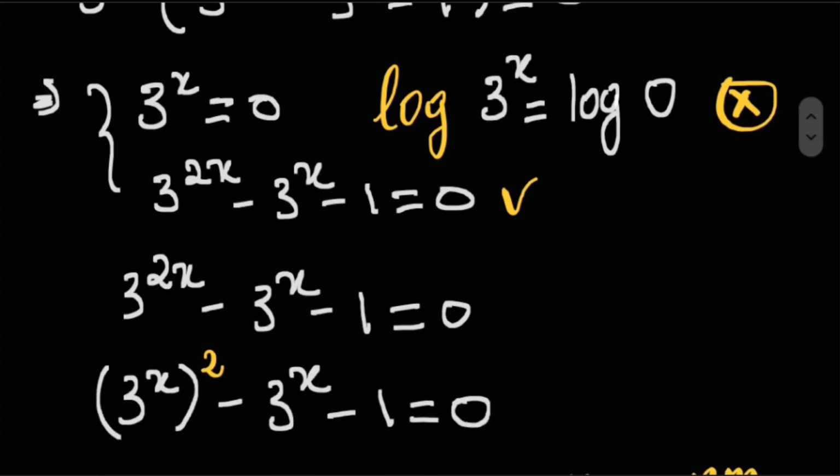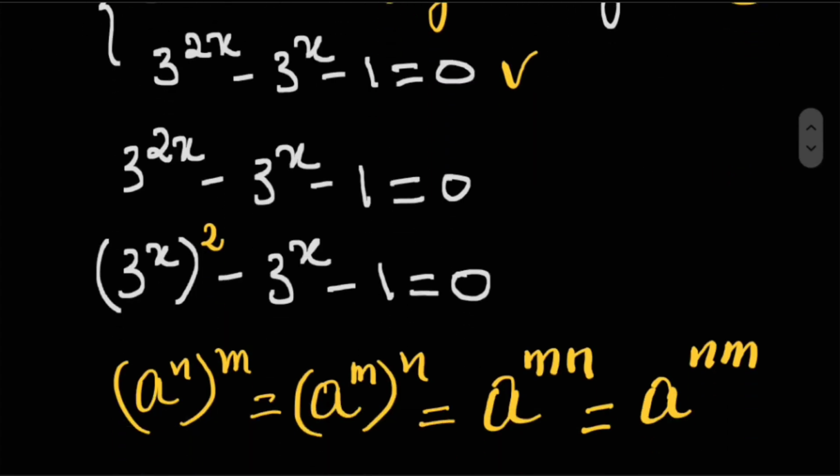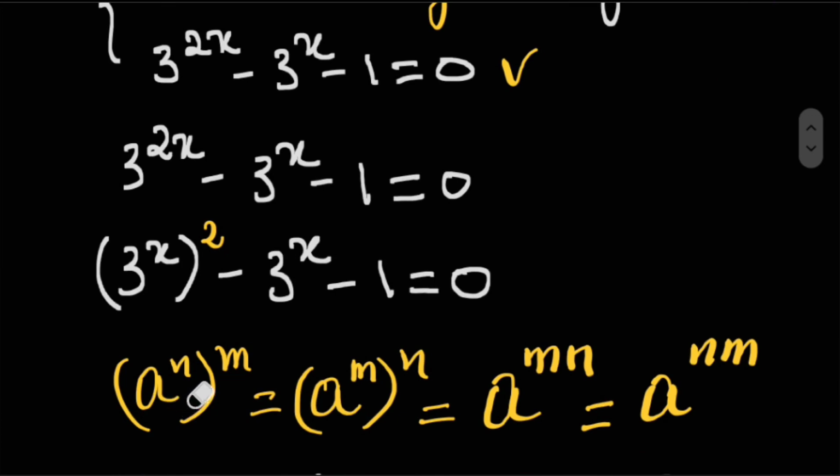Okay, so we know that a to the power n, all this to the power m, is equal to a to the power m, all this to the power n, is equal to a to the power mn, and it is also equal to a to the power nm. So we can rewrite this equation like this, since 3 to the power 2x is also equal to 3 to the power x, all this squared.